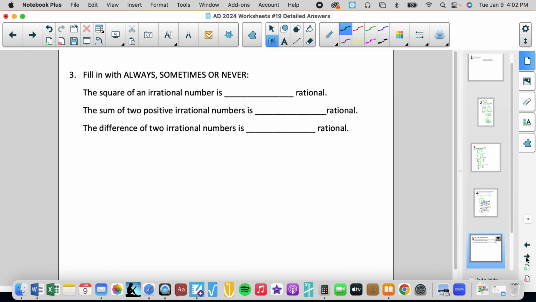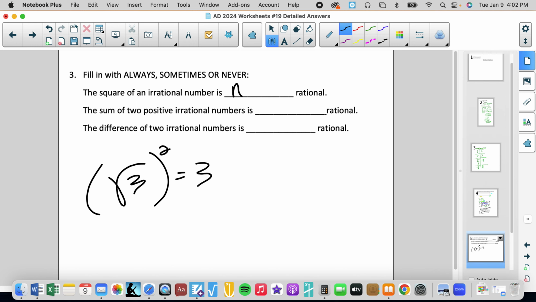Cool? Cool. The square of an irrational number is rational. Well, an irrational number is the square root of 3, and if we square that, it is rational. Yes, that works, so that's a yes.